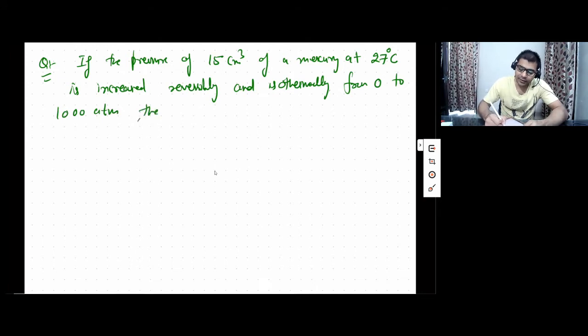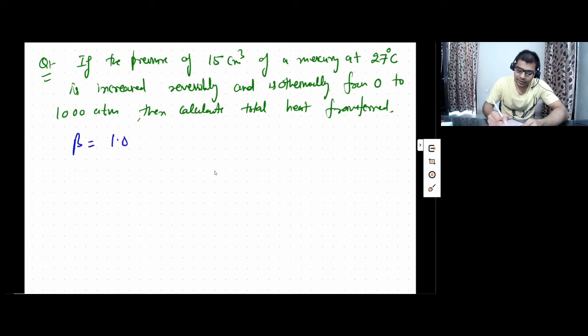We have to calculate the total heat transfer, where a few data have been given to us. The volume expansivity beta is equal to 1.81 times 10 to the power minus 4 per Kelvin.